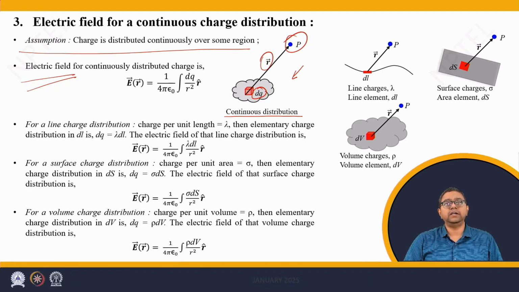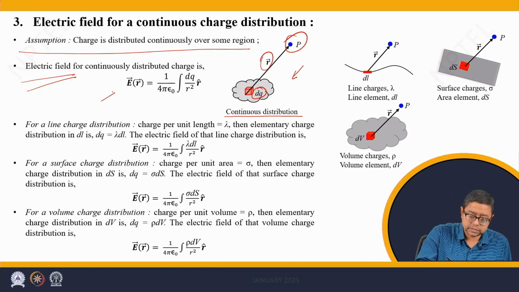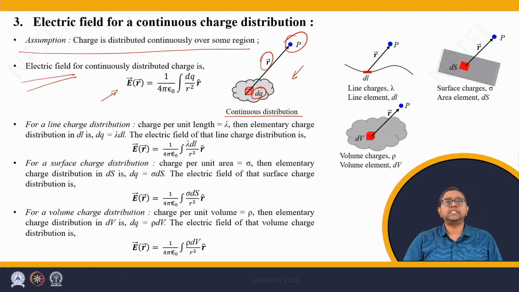As we have seen earlier, this electric field does not depend on the test point P. It only depends on the charge distribution and the separation between the charges and the test point, that is R. Along the same lines as a point source charge distribution, we can get the electric field for a continuous distribution of charges. That is given by 1 by 4 pi epsilon naught integral dq by r square r vector.